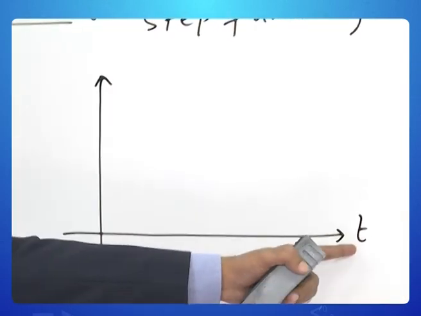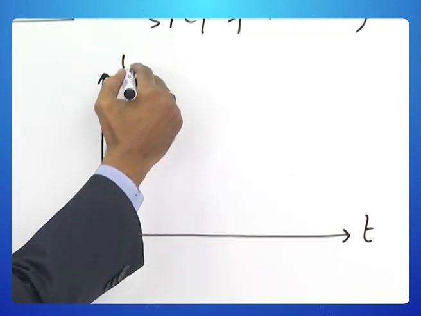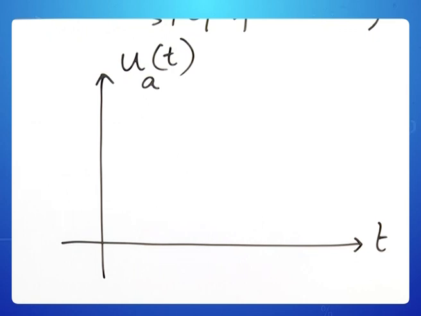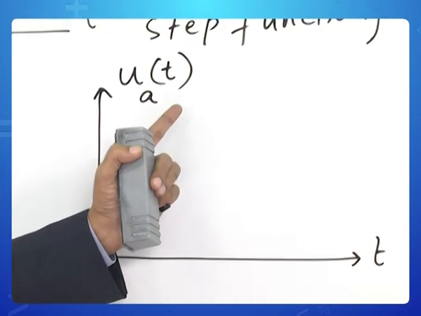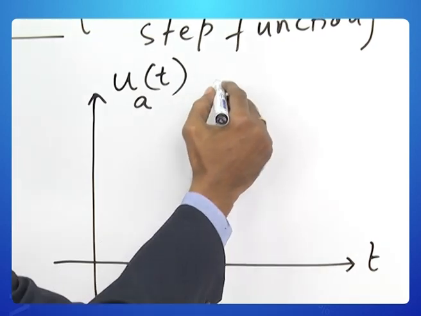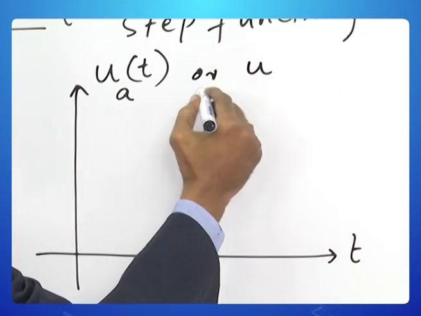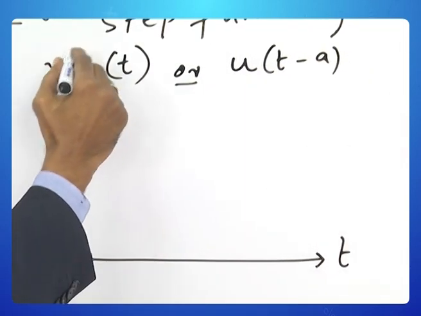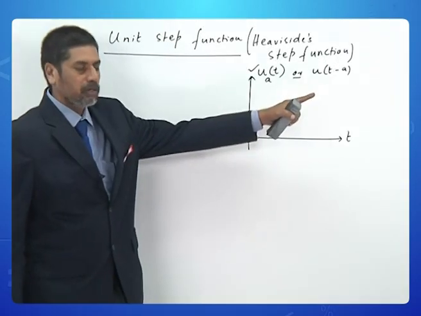This is the time axis. Observe the notation. This is the unit step function definition. Sometimes you can also use u(t minus a), but I think this is more popular than that one. Right.